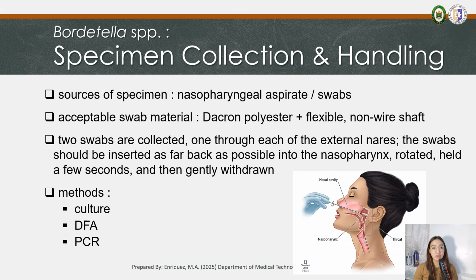Sources of specimen are nasopharyngeal swabs or aspirates, and acceptable swab materials would be Dacron polyester. So as we can see right here in this illustration, ito po yung correct method of collecting nasopharyngeal swab for the diagnosis of Bordetella infections.